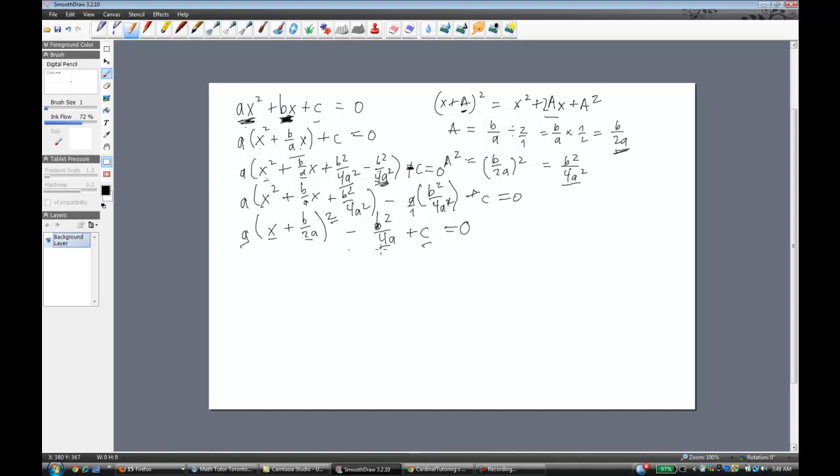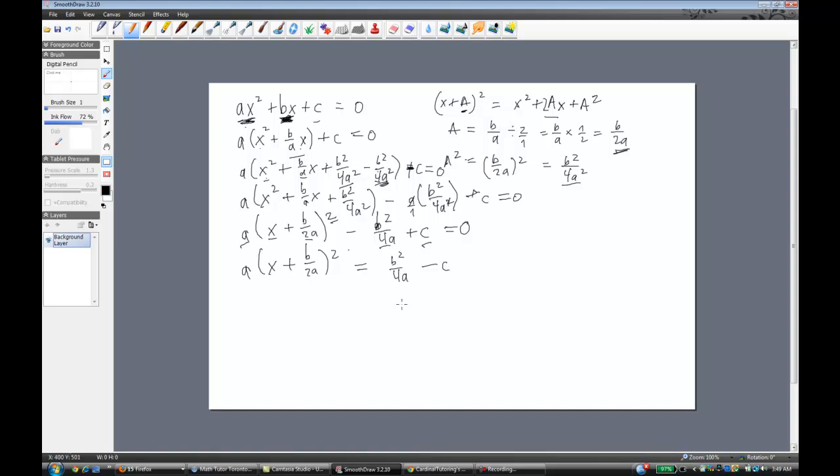So what we need to do is reverse the final operation, and that is to say to add b squared over 4a and to subtract c from both sides of the equation, so that the equation remains true. So we have a times x plus b over 2a all squared equals b squared over 4a minus c.